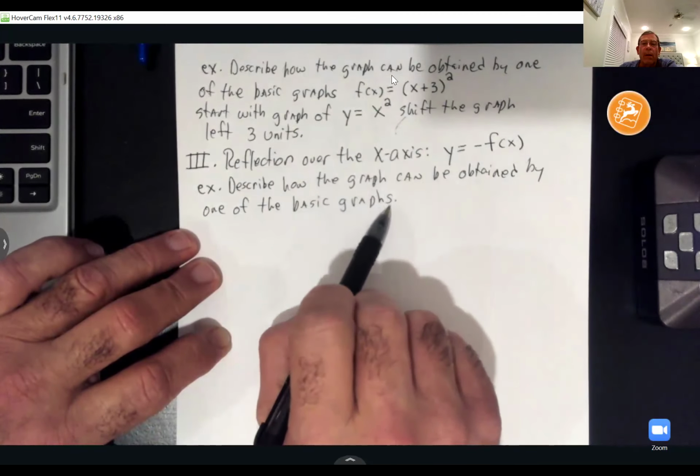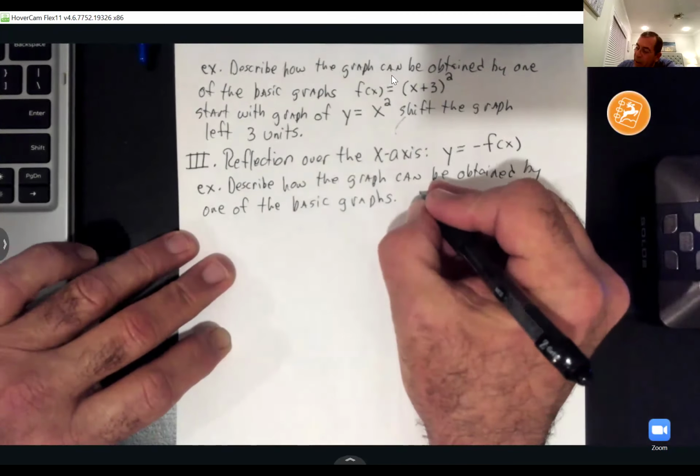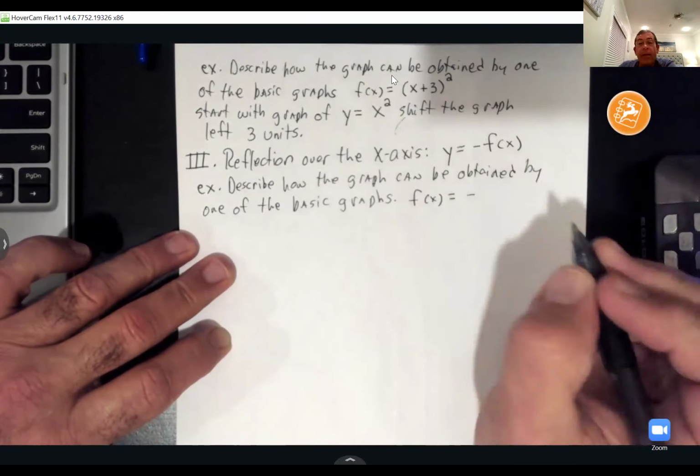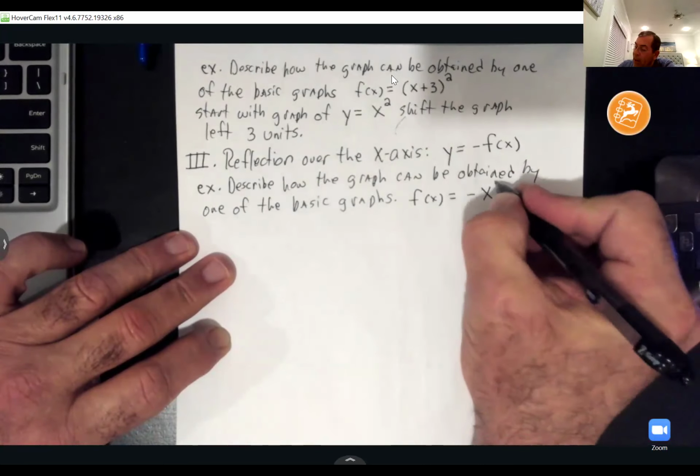So my function for this one, I'm going to do f of x equals negative x to the third.